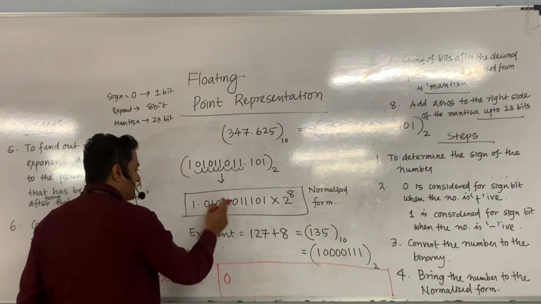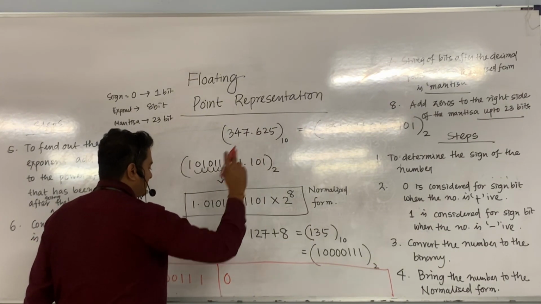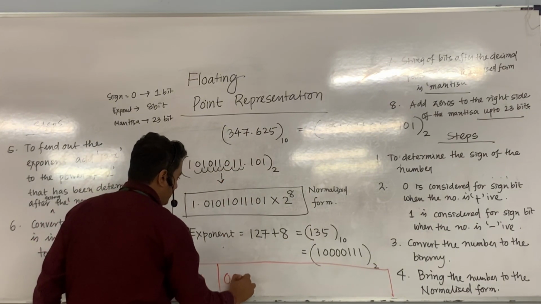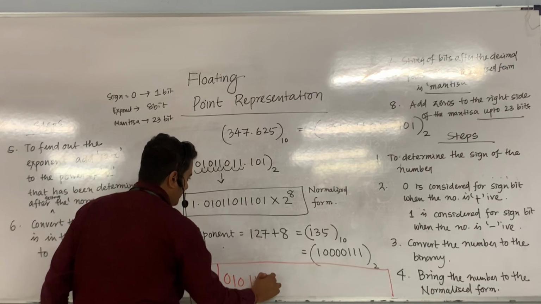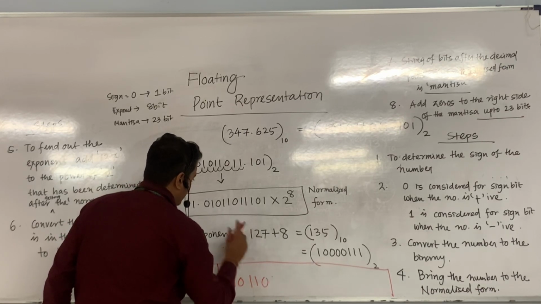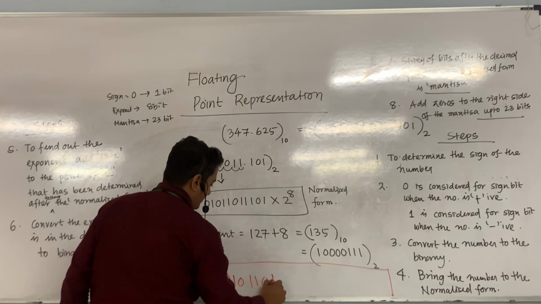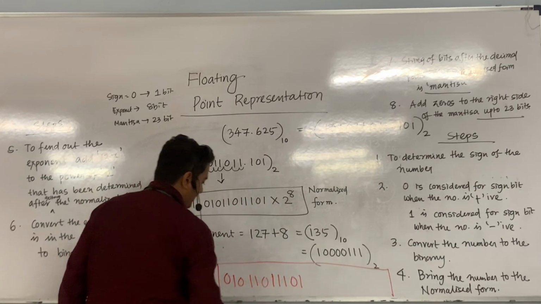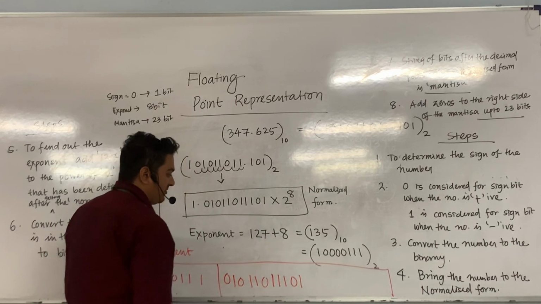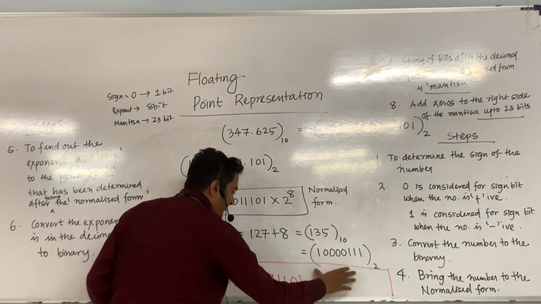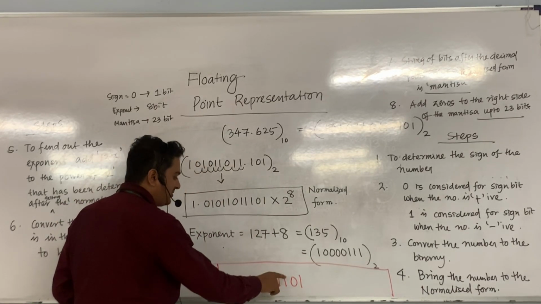Then the mantissa, I am writing 0 1 0 1 1 0 1 1 1 0 1, whatever is there after the decimal point in step number 7. This is the mantissa we have written, but this is not the final mantissa. What do we have to do now?